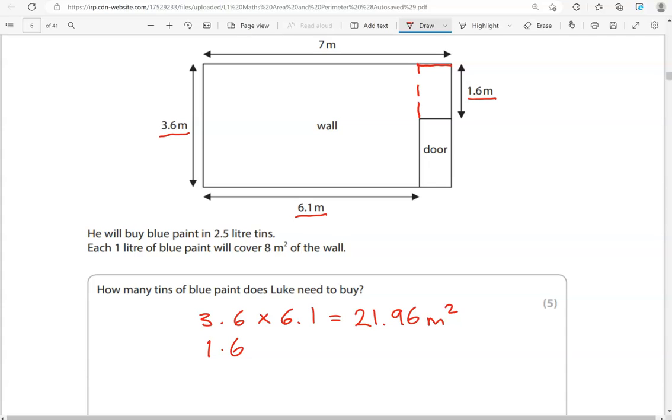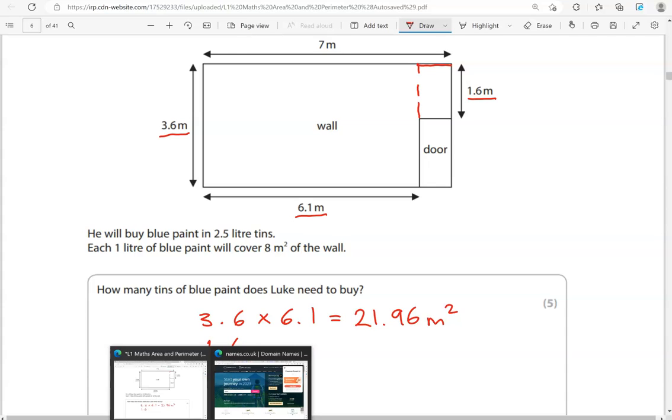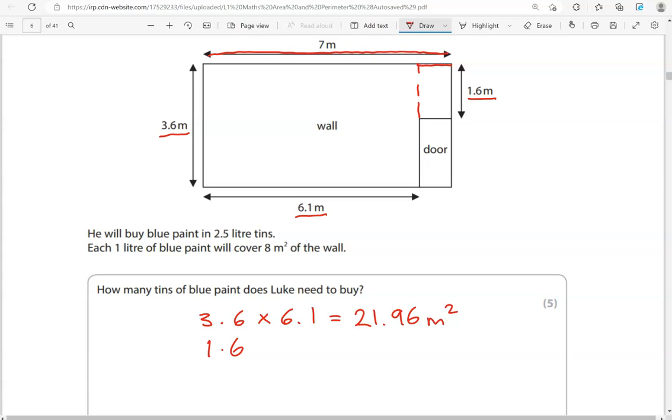But we can work it out because we know that this whole length is 7 meters. If I take away this, which is 6.1, then that will give me what the remainder is.